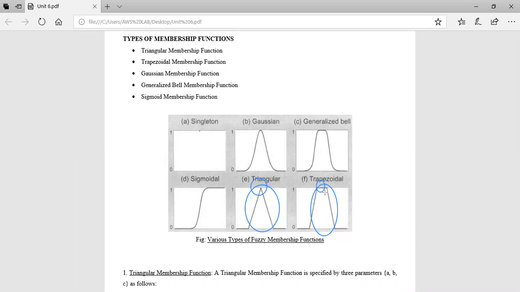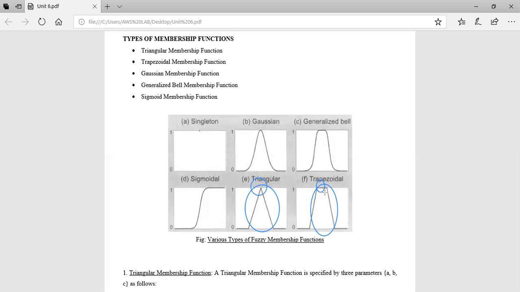In a triangle, when we go from the bottom to the top and from the top back to the bottom, the edge point at the top is sharp, whereas in trapezoidal, when we go upwards and come downwards, the point in the middle will not be sharp. That is the difference between triangular and trapezoidal, right?